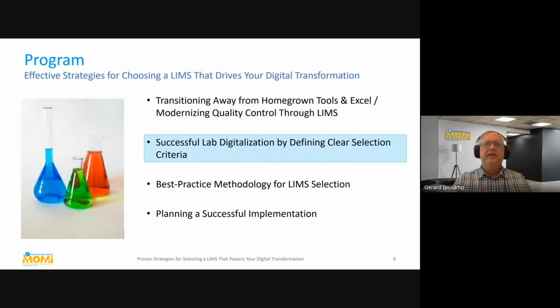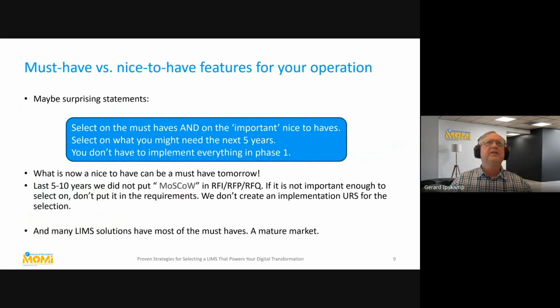What about criteria? Now, of course, everybody knows you should think about criteria before you start selecting. That's common knowledge. But I have maybe a surprising statement for you. If we do a selection, we select on the must-haves and on the important nice-to-haves. We select on what you might need in the next 5 years.